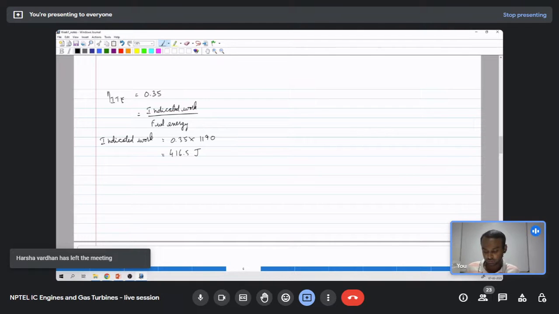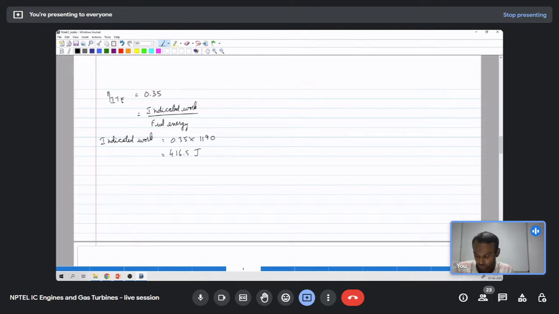So this is 416.5 joules of indicated work, which is coming from one cylinder for one cycle of the engine. So that means 4 strokes of the engine. Now we can calculate the brake work. Brake work is mechanical efficiency into indicated work.